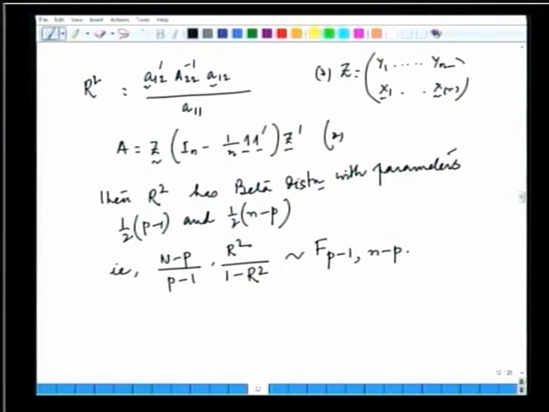So, now when we talk about the distribution of the sample correlation coefficient or square of it or some function of this, we have to have some distributional assumption in the background, and we saw that we are forming a case like y.